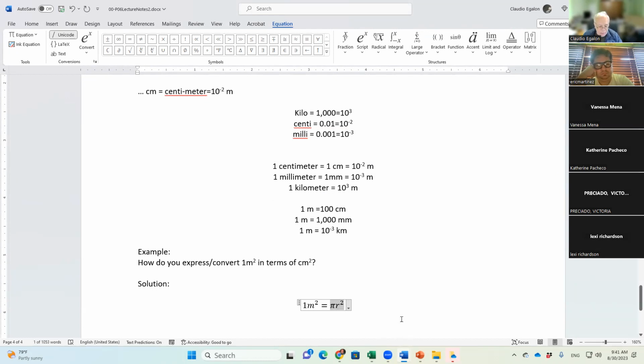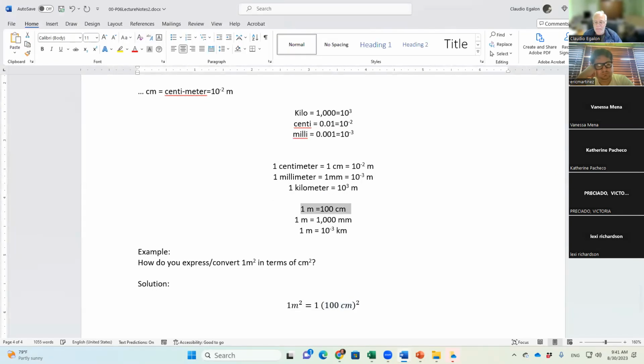I do know that 1 meter is equal to 100 centimeters, just like you saw here. And that's exactly how you solve this type of problem. Notice that I put the 100 centimeters in parentheses because that's exactly what goes here.